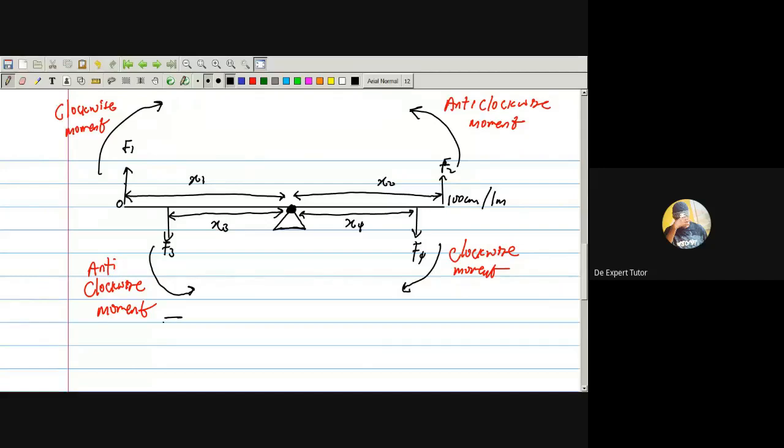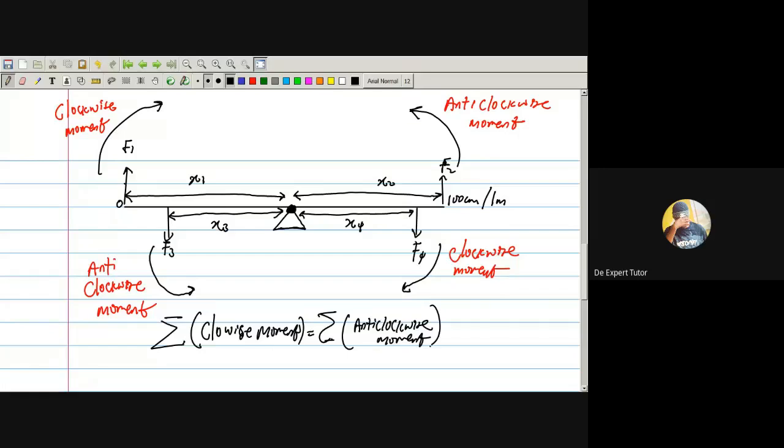It's telling us that the sum of clockwise moments is equal to the sum, this sign means sum, of anti-clockwise moments. That is it. The sum of clockwise moments is equal to the sum of anti-clockwise moments.